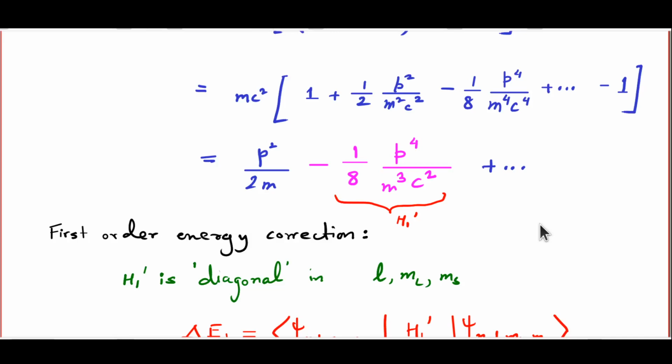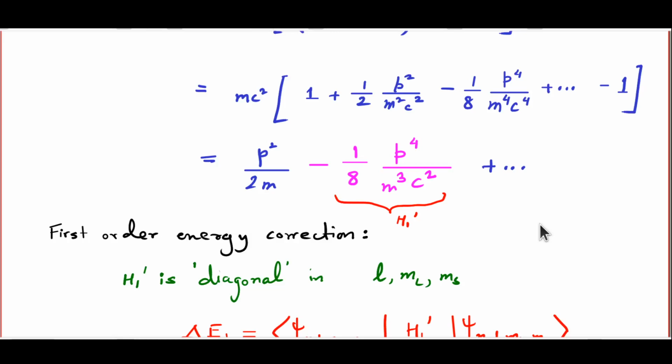And that means that it actually commutes with all components of angular momentum Lx, Ly, Lz. Remember, Lx, Ly, Lz causes rotations in spatial coordinates, and since p is in the same space, p square will commute with Lx, Ly, Lz. It actually commutes with Sx, Sy, Sz by default.